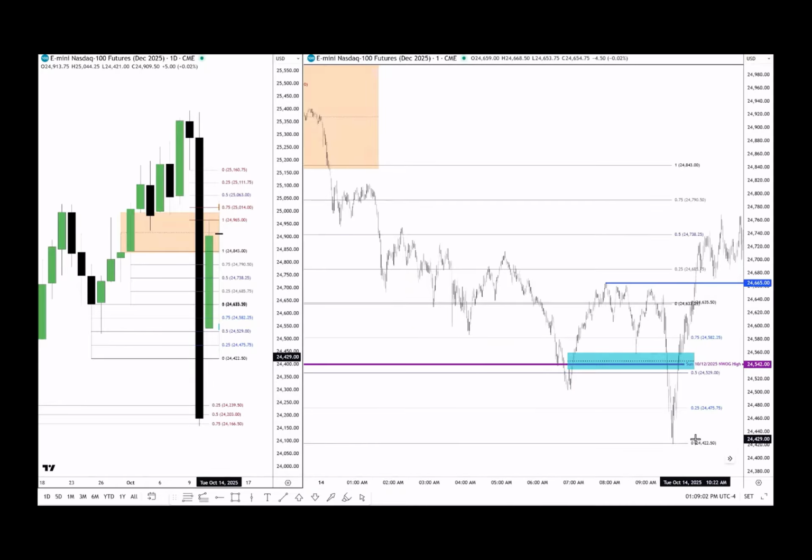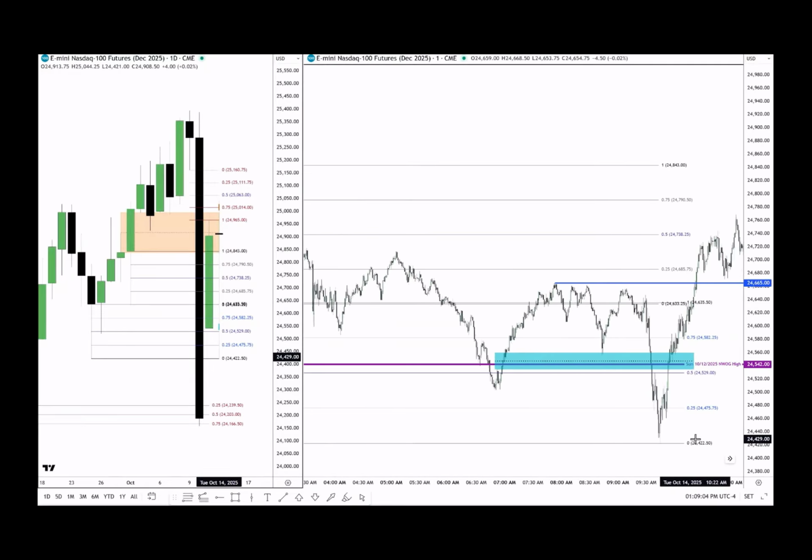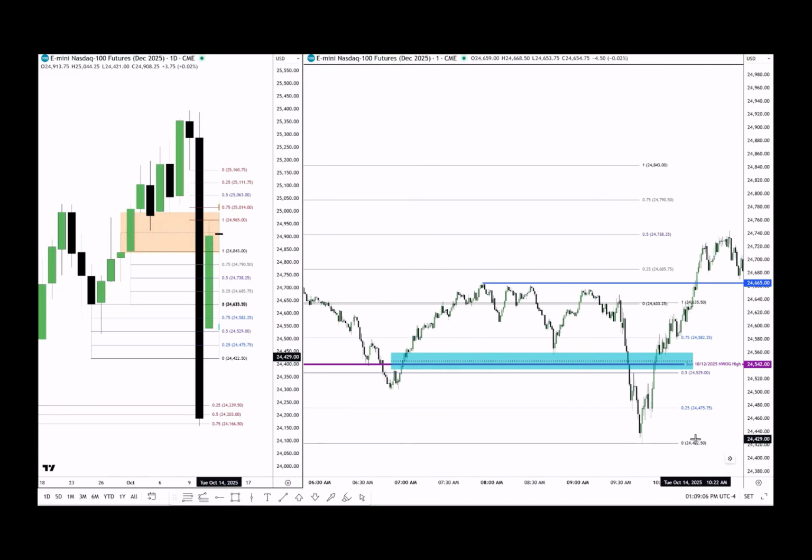Over here this morning, this candlestick right here, its low, 24,421 even. So it hits it, trades minimum one tick below it for spread aspect. But look at the reaction there off of that.